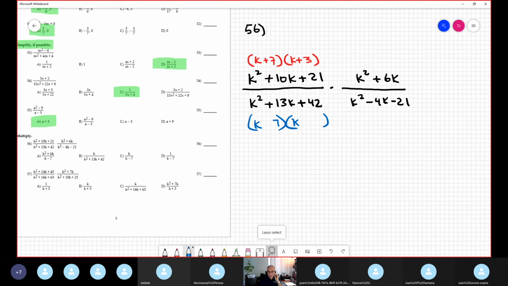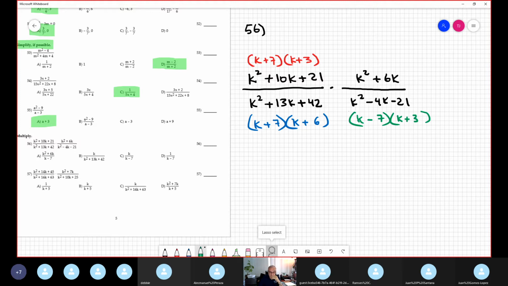Suppose 7 and 6, because 7 times 6 is 42 and the addition is 13. Every sign is positive, it's obvious. Let's do this: k, k. This is similar to 7 and 3, but the sign is opposite: negative 7 and positive 3.